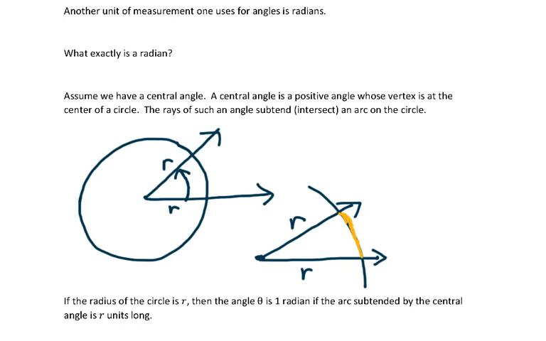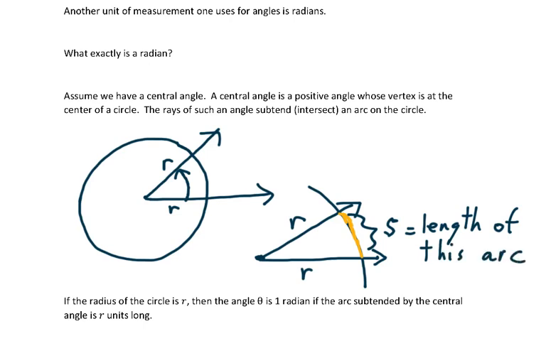So this here, I'm calling it S, the length of it. So S is the length of this arc. Again, it's the length of the arc that's between the angle's initial and terminal side. Again, the angle is positive, so it's a counterclockwise rotation.